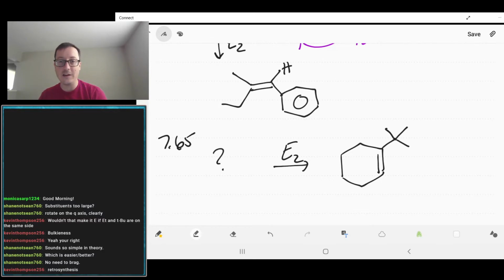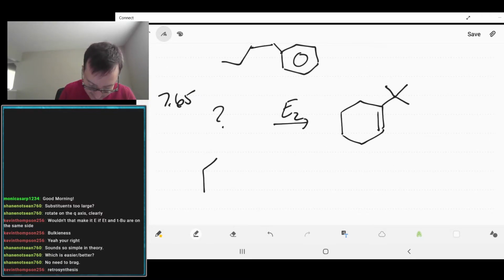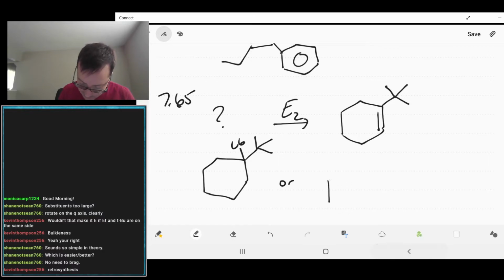We know with an E2 reaction, we form the double bond in between our leaving group and the hydrogen will be where our other one is. So we have a couple of options, right? We could have this. We could have our leaving group here, and we'll try to make this a little bit nicer. Or we could have our leaving group on the other side.